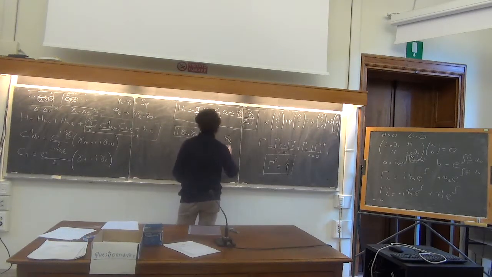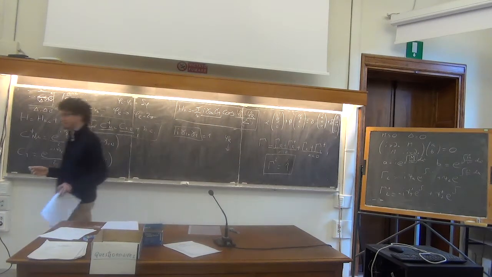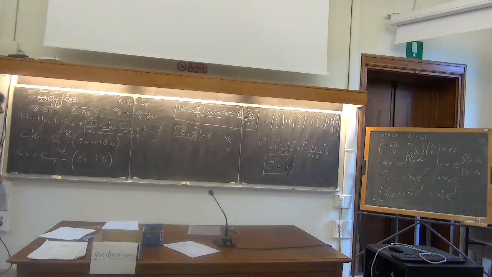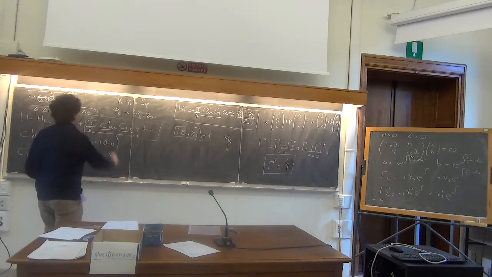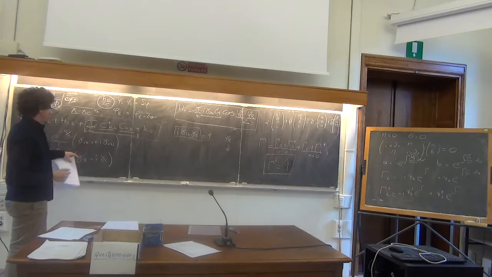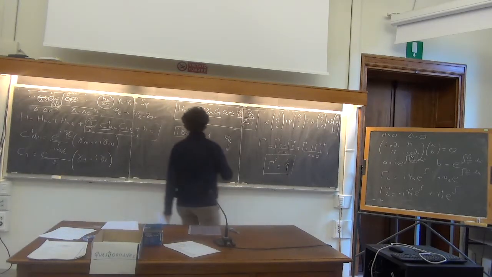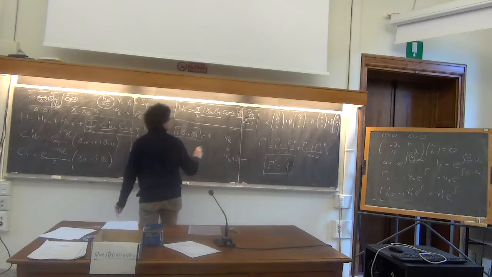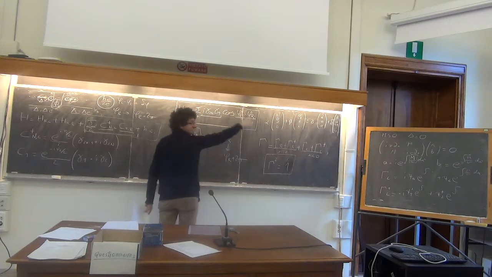If now I change some magnetic flux in this setup, so I add, for example, a magnetic flux here that changes this difference, a single flux quantum of the kind h c over e, this corresponds to adding to the phase phi R plus 2 pi, and I obtain that now the sign of this cosine is flipped.